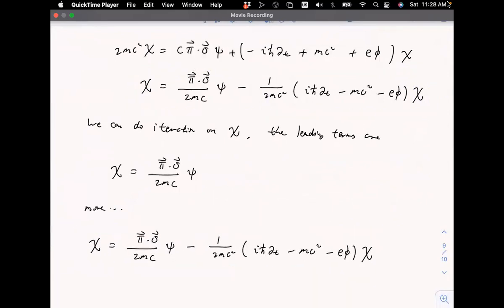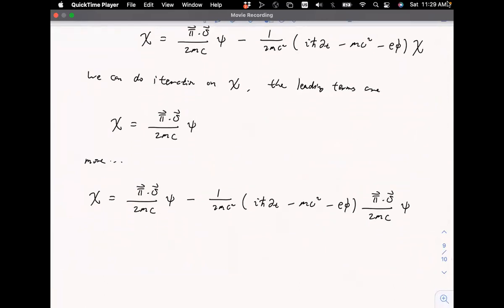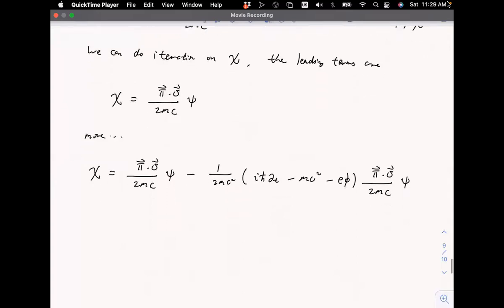If you do it more, then you just take this and then put this here. Okay, so this will be another iteration. So like one iteration, you have it like this.